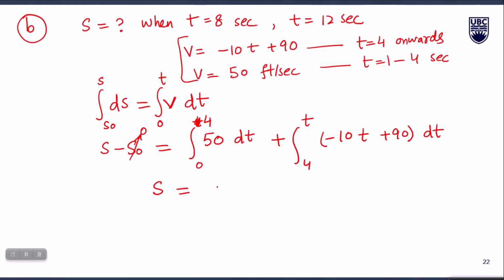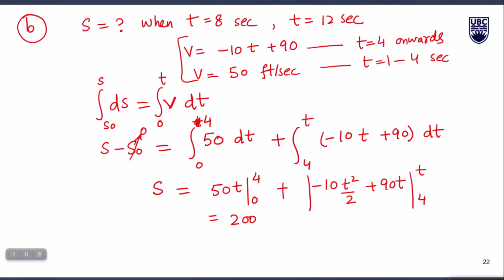So this will become 50 t, with the limit from 0 to 4, plus minus 10 t square by 2 plus 90 t, right? And the limit will be applied from 4 to t. This will become 200.